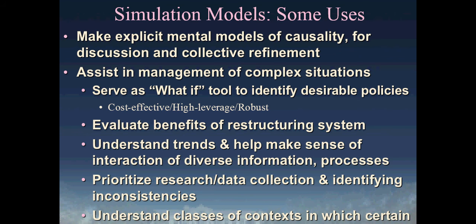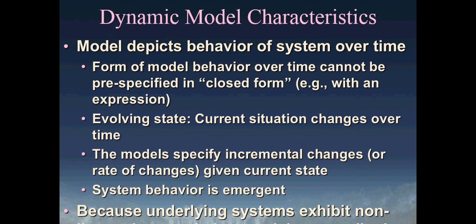We can use it to prioritize data collection by testing the sensitivity of the model to certain assumptions. Run it with a higher value of this parameter and a lower value, see how much it differs. And it can differ remarkably between different parameters, different types of assumptions. And we can learn better from context by saying, okay, these certain ways of acting are more effective in certain contexts or another. Finally, it can help with communication.